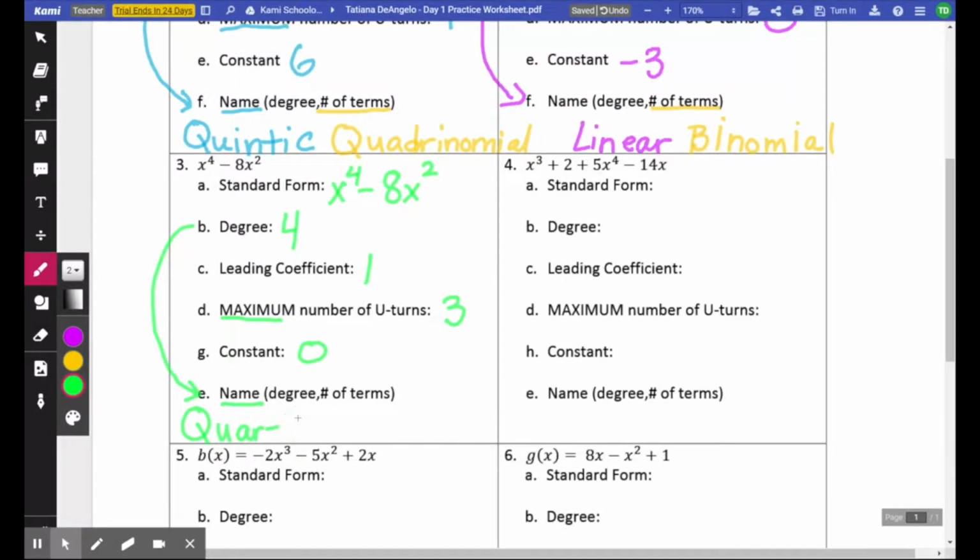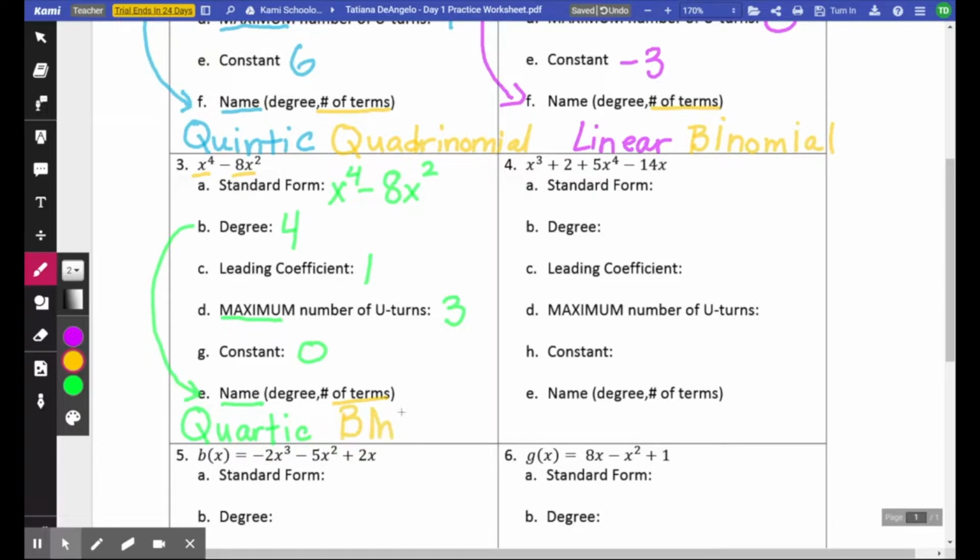I gotta stop trying to dot my I's. So afterwards, there we go. And again, number of terms. Hopefully you see that there again are 2 terms, and therefore this is a quartic binomial.